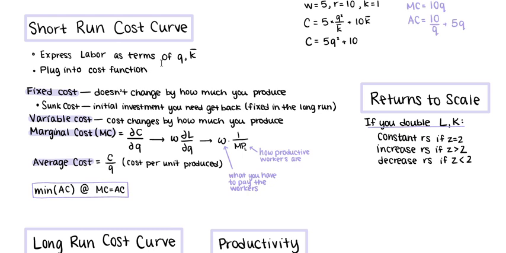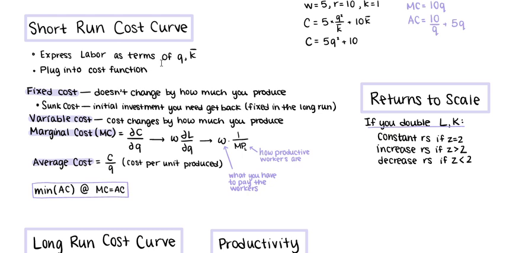Average cost is just the cost divided by Q. It's cost per unit produced. Okay, so the minimum of average cost is where marginal cost equals average cost.